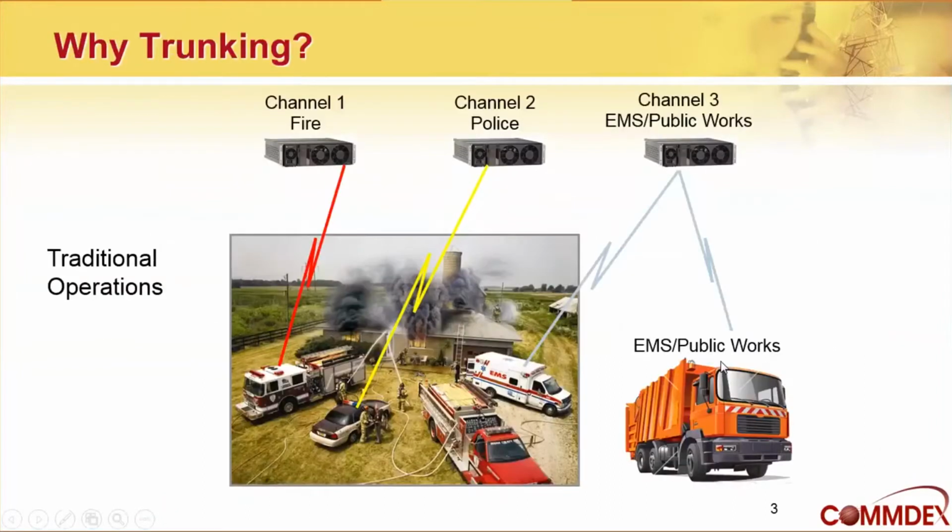So why do we have trunking? Well, let's talk about the way it was before trunking. Back in the 60s, 70s, even today to some extent, you had the Part 90 services all divided into separate radio services. You may remember the regulations.